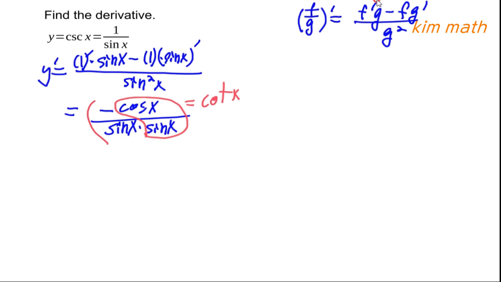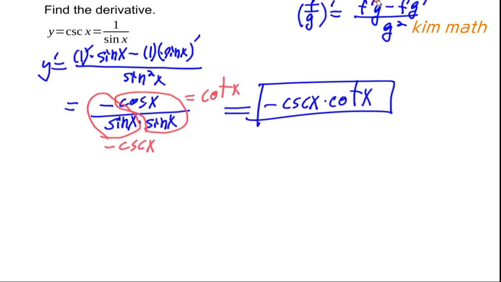And what is this? It is a negative cosecant x. So your final result will be negative cosecant x times cotangent x.